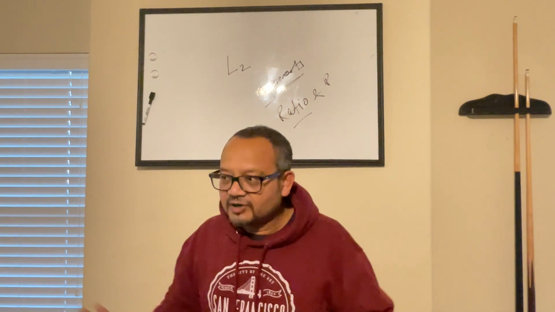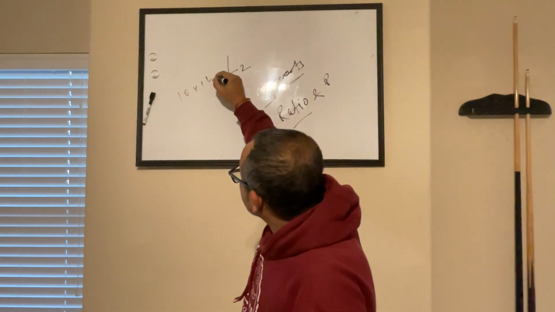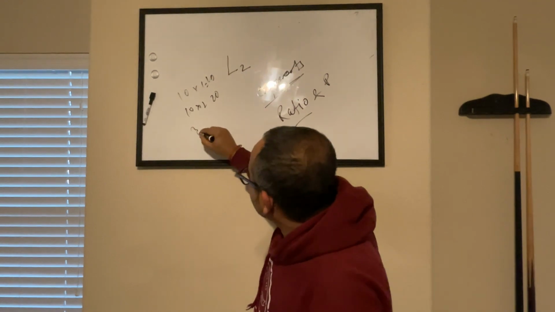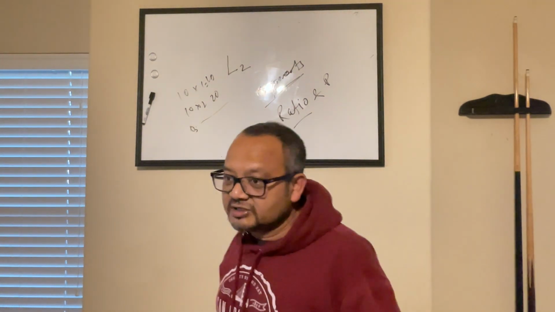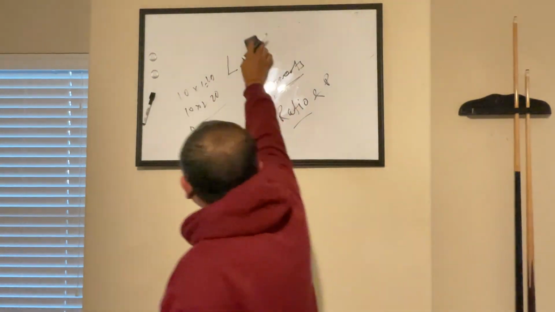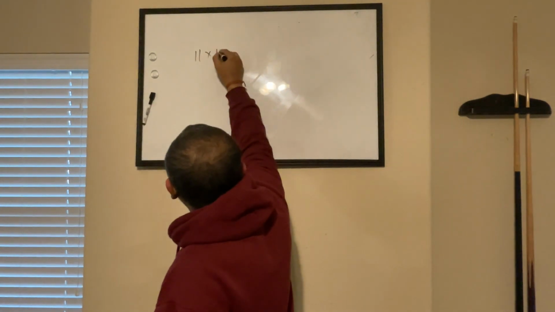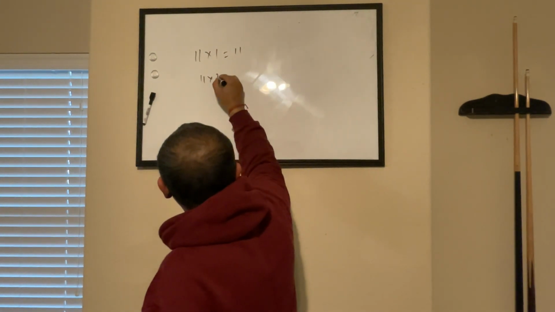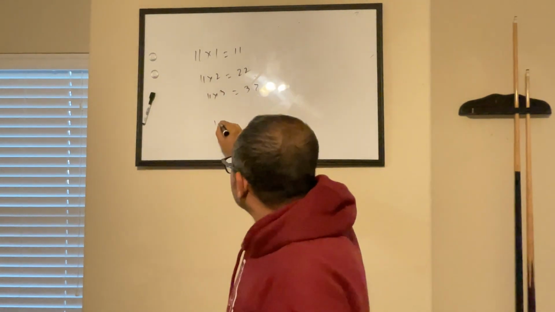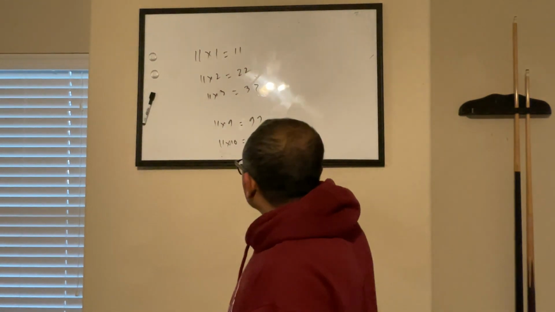So 10 and 11 we don't have to memorize. It's very easy. Table of 10: 10 1s are 10, 10 2s are 20, 10 3s are 30. Somebody says 10 times 6, 60. Very easy. The table of 11 is also very easy. 11 times 1, 11. 11 times 2, 22. 11 times 3, 33. 11 times 9, 99. 11 times 10, 110.